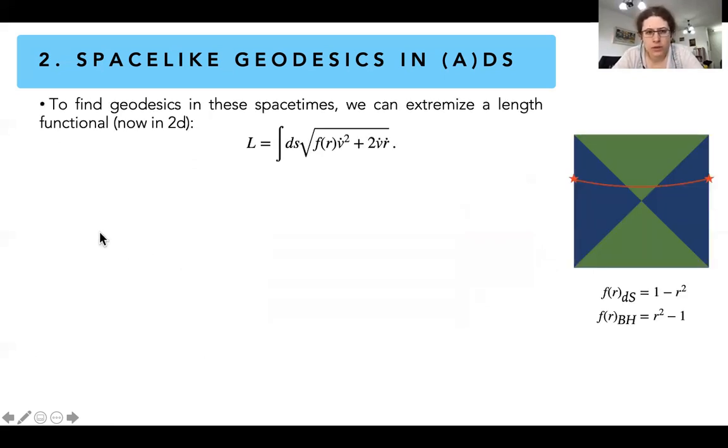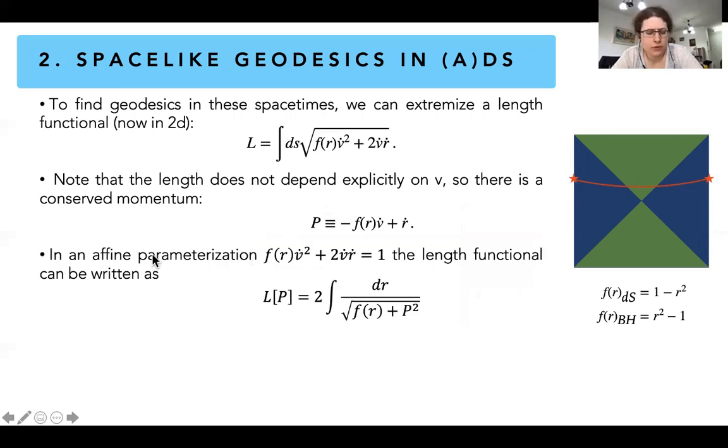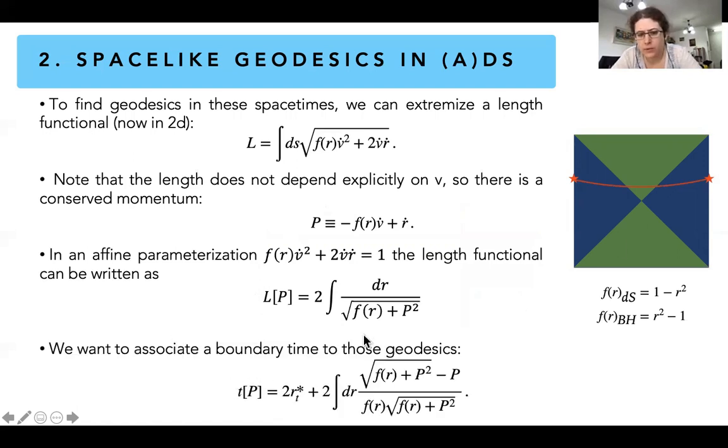Okay, so now the procedure is pretty standard. To find geodesics in this space-time, we extremize the length, in this case written in terms of the light coordinate v and the radial coordinate r. We define a conserved momentum, and we use this conserved momentum to rewrite both the length of the geodesic and the boundary time where the geodesic hits the boundary.